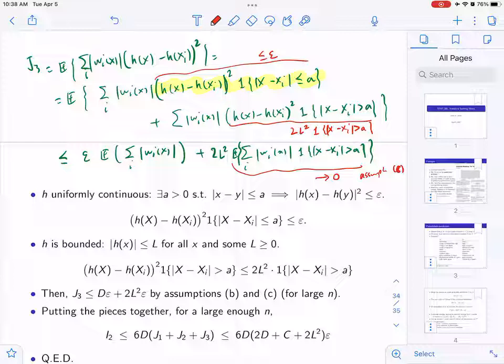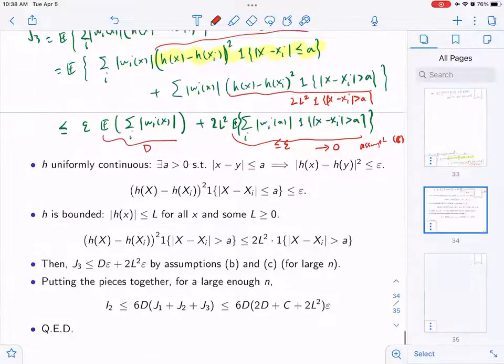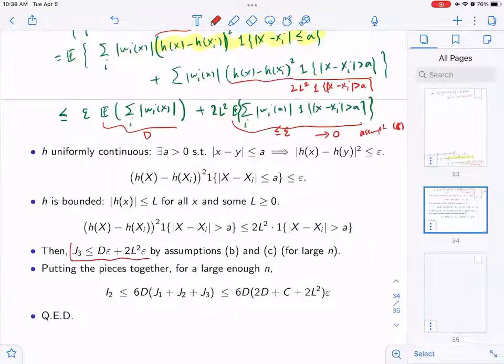So I can make this less than epsilon if I want for large n, and this is bounded by d. So in the end, the entire thing is bounded by d epsilon times 2L squared epsilon. You put everything back, we had I1, I2, J1, J2, J3. Just put everything together. So everything is bounded by epsilon, and these are constants.